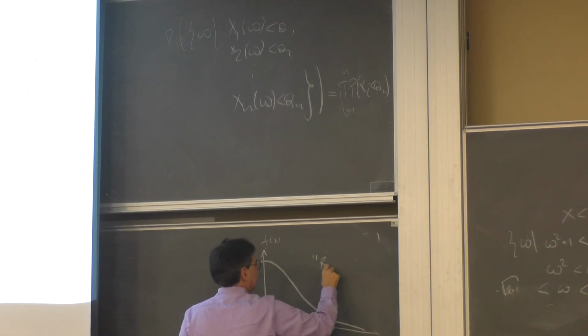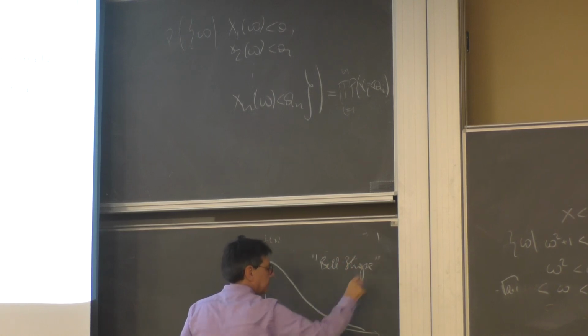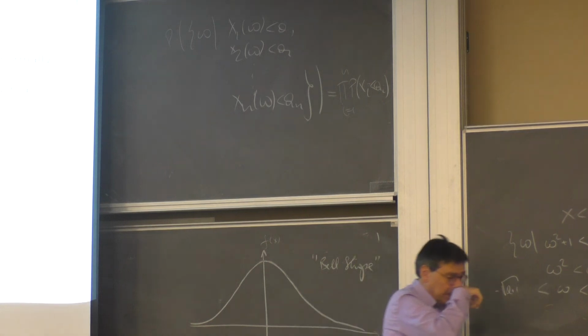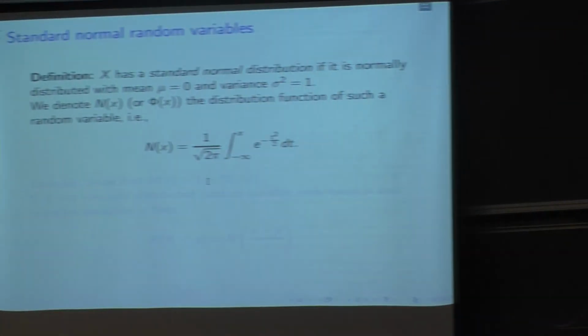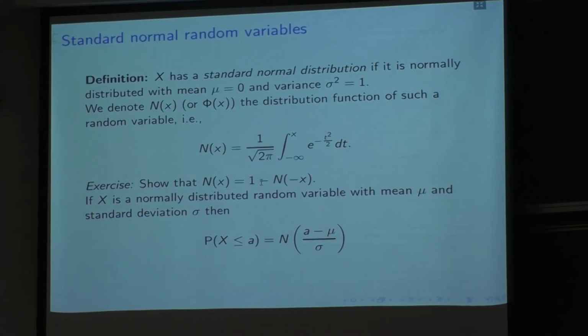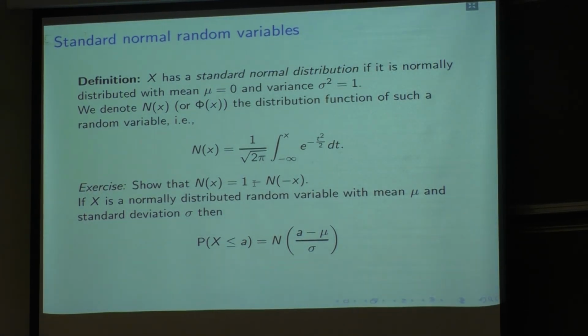This is the bell shape. Which means, among other things, that if you want to find the probability of your standard normally distributed random variable being less or equal to x, here's your x.